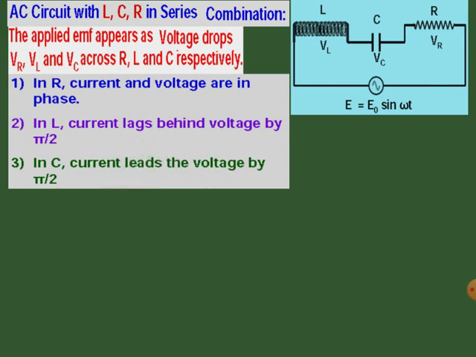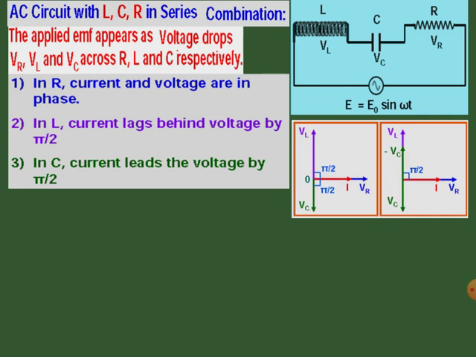Now we know that in a circuit containing a resistor, current and voltage are in phase. In the case of an inductor, current lags behind voltage by a phase difference of π/2, and in a capacitor, current leads the voltage by π/2. The phasor diagram is shown here.